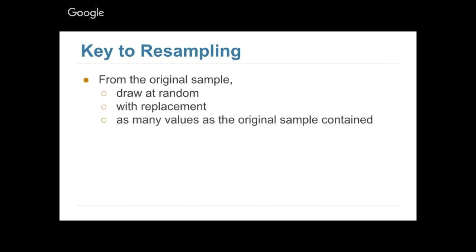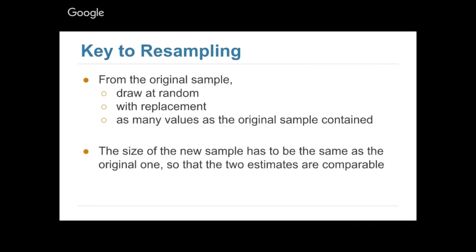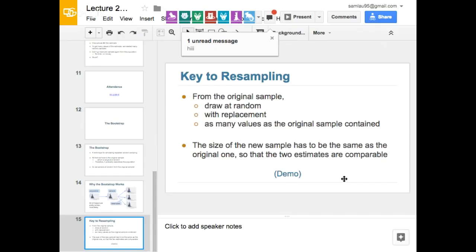If my original sample had 200 workers, I want to take a resample of size 200. That gives me a measurement of the variability of my original sample of size 200. It has to be the same size so that we can compare the two estimates. Let me show you that it works.